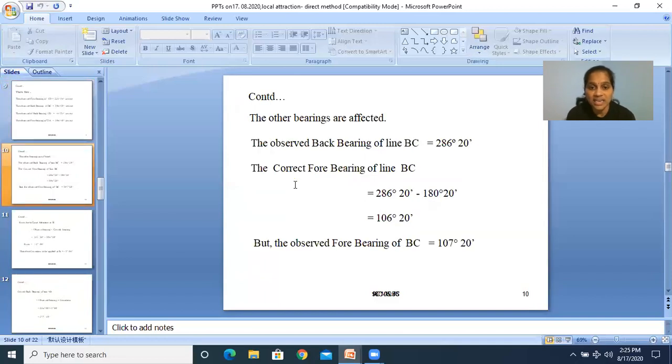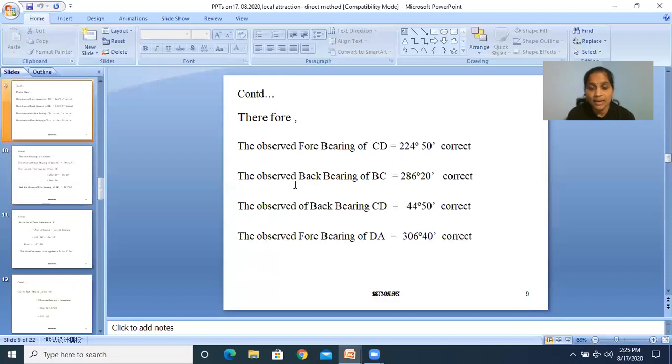The other bearings are affected. In order to correct those incorrect bearings, first of all we should take the corrected bearing. From that we have to calculate the other bearings and apply the correction to the bearings.